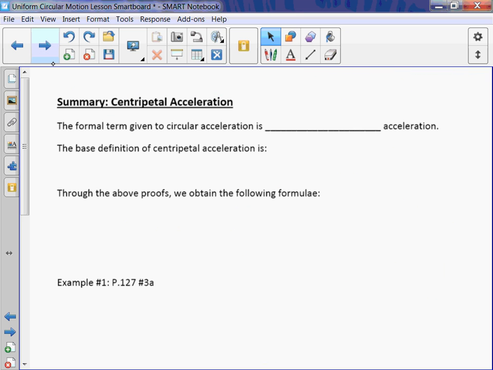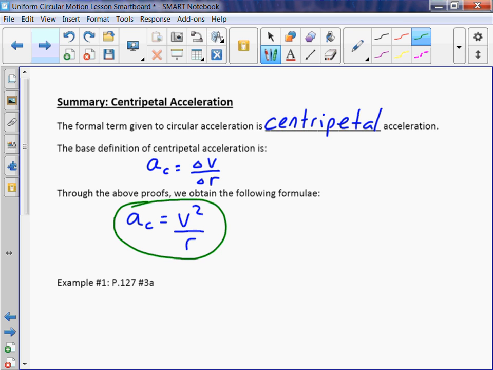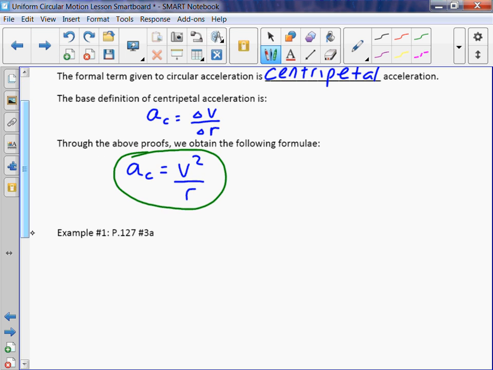Okay, and back to the note. So the formal term given to circular acceleration is centripetal acceleration. And I guess we should kind of show what the two different terms are.